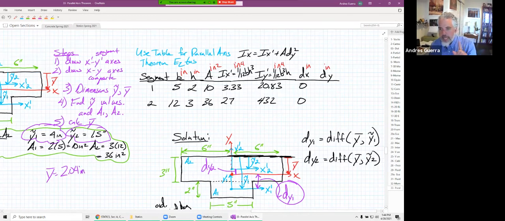Now, I say difference, and I'm using this term because that doesn't have a sign associated with it. Our sign is going to come from the picture. We'll get our negative and positive from the picture.